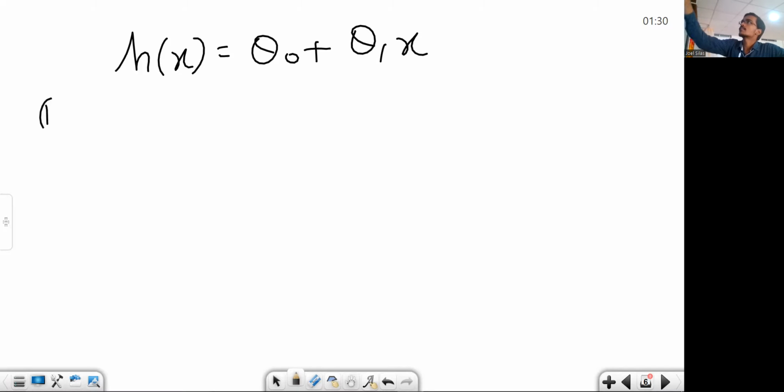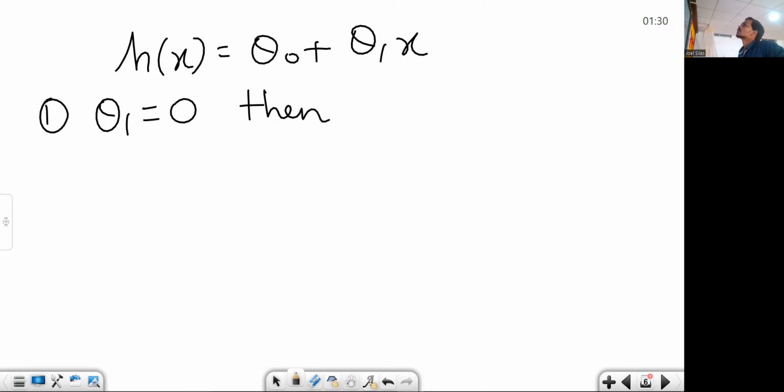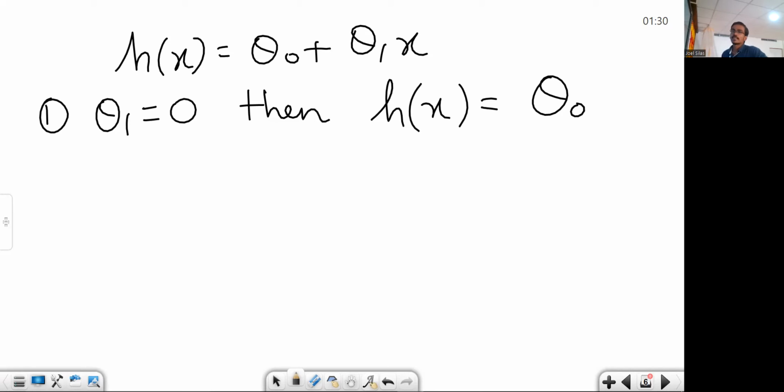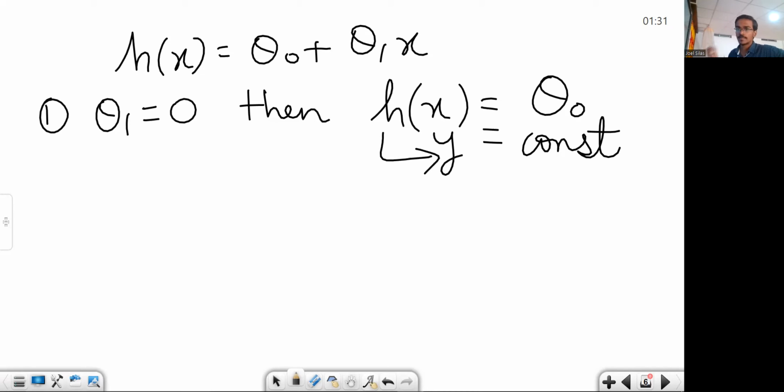Now suppose theta 1 is equal to 0. Then what will happen? h of x, that is your hypothesis, that is your prediction, will become equal to theta 0. And theta 0, we know, is the y-intercept, which is always constant. So your prediction, h of x, that is the predicted y value, will remain constant.